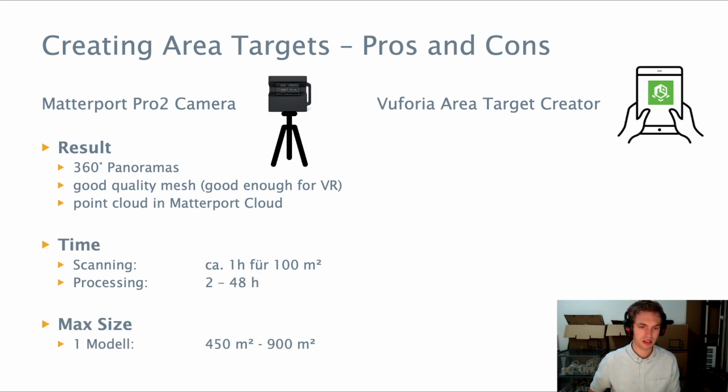And the max size for Matterport, they say it's around 450 square meters to 900 square meters per scan. This is very nice because it's quite big. It usually is about one walkable floor of a big building.